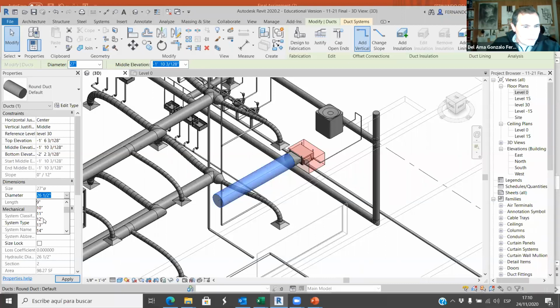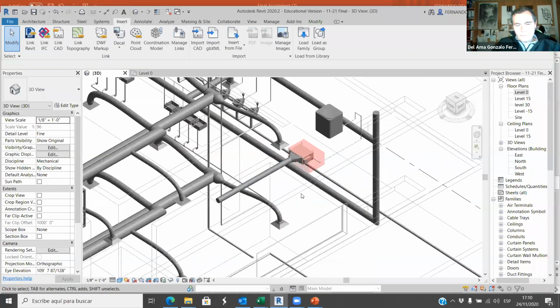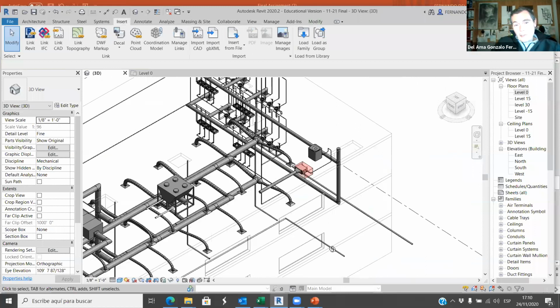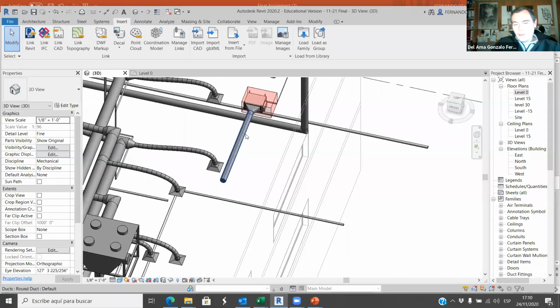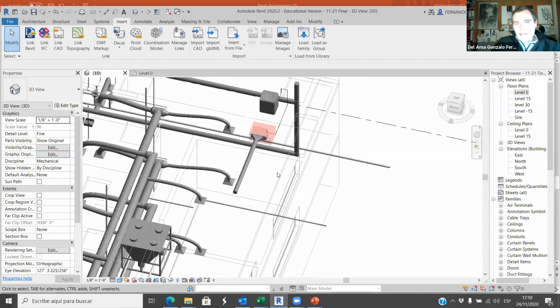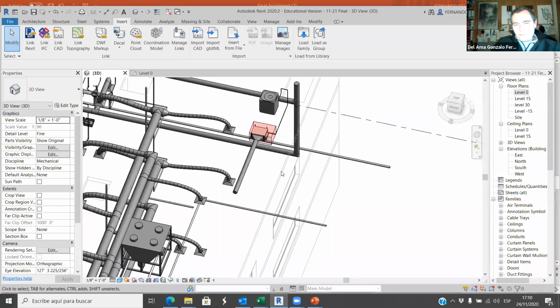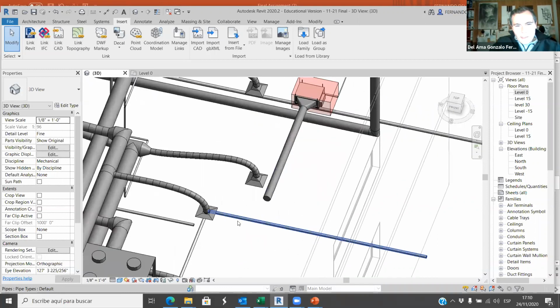It can be 8 or 10. Okay, there you go. And now this is only supply. We don't have return, because this is just heating up or cooling down the air, and it's supplying. The return I'll explain later.